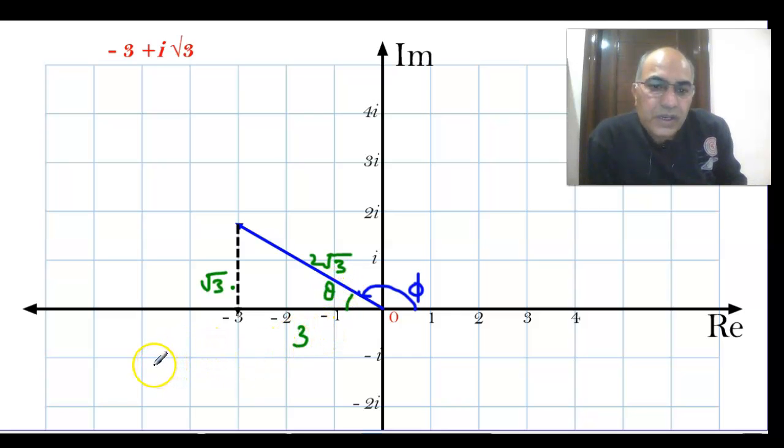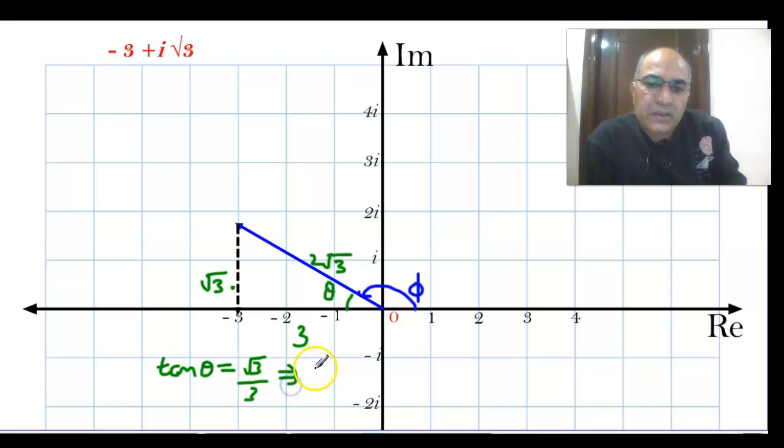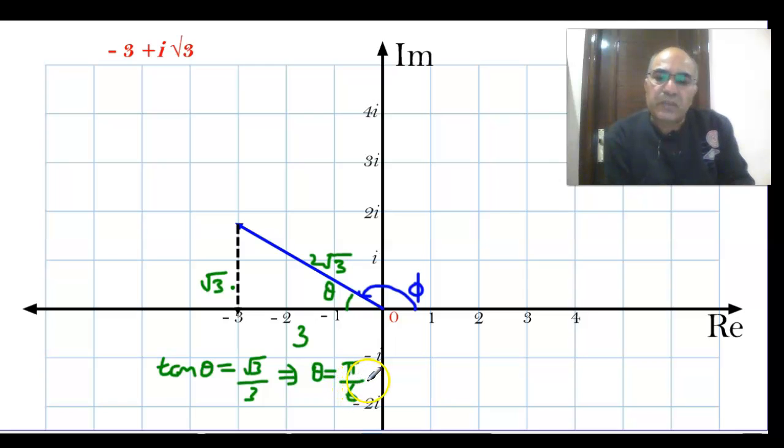Now using t ratios, we have tan theta is equal to root 3 upon 3, that is 1 upon root 3. So this implies theta is equal to 30 degrees or pi by 6. Therefore theta is pi by 6.